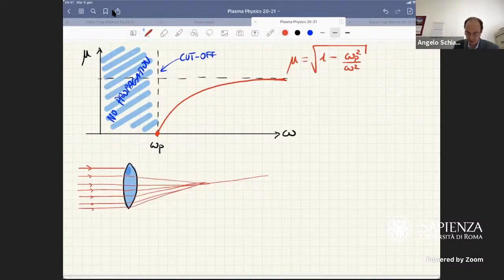If you remember Snell's law, the rays focus to a point after the lens. This is the case of glass, and we call this effect a focusing lens.